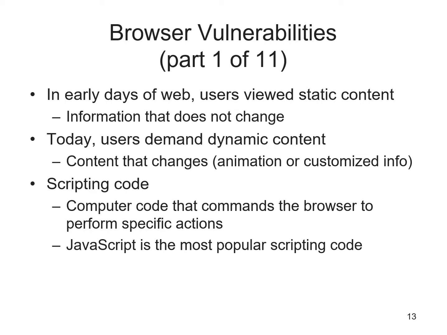Now, the computer code that commands the browser to perform specific operations could be JavaScript, a PHP script, or ASP.NET or Python. Any language could be used. The beauty in that is that the content can dynamically change, as all these pages in the background programming are linked to the main server or the main computer which is controlling all the pages on the website.